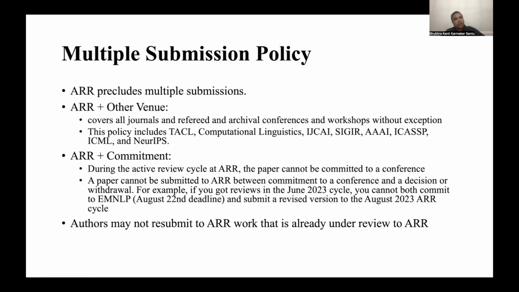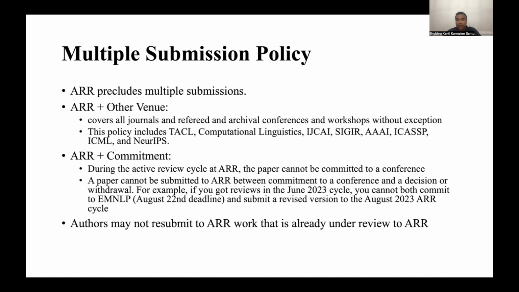All right, multiple submission policy. So ARR precludes multiple submissions. So you cannot submit a paper to ARR that is already under review at some other place. So now let's talk about 2 different cases. One is ARR plus other venue, and also ARR plus commitment.